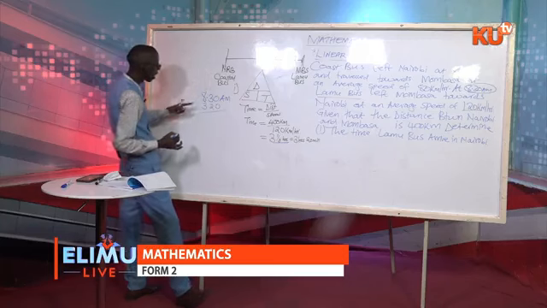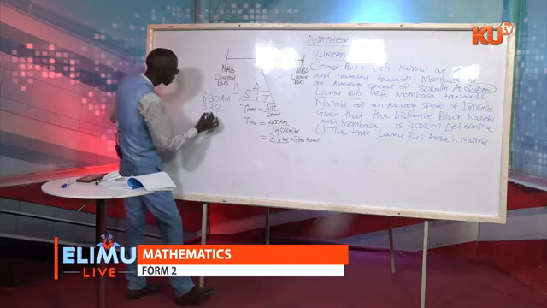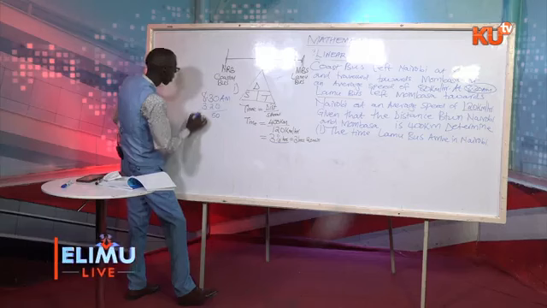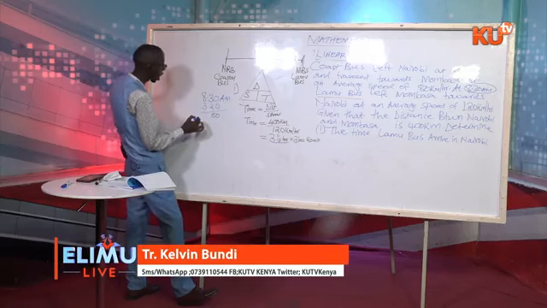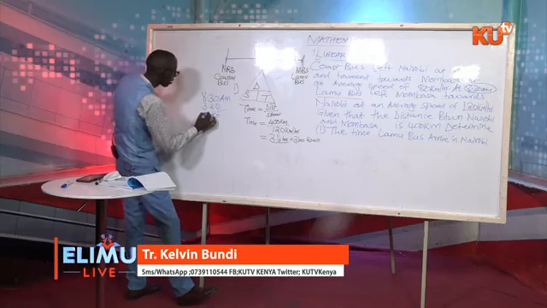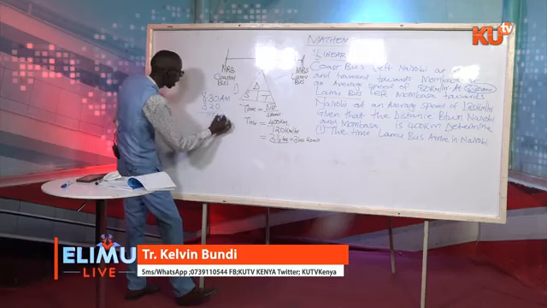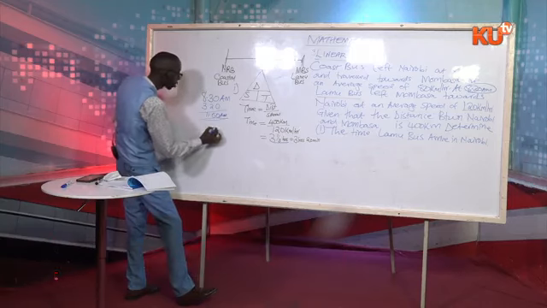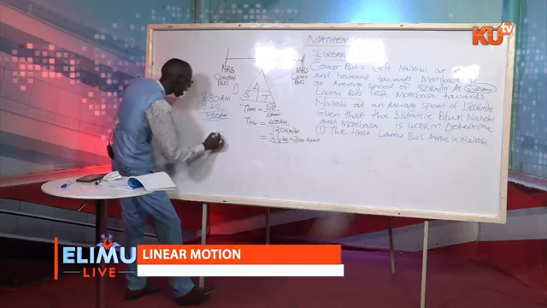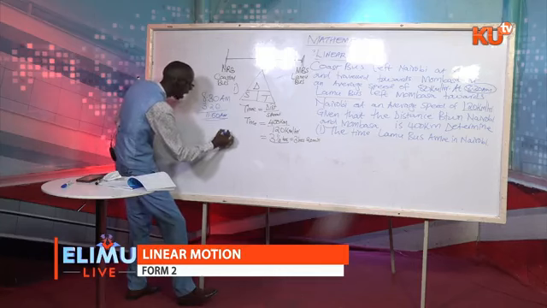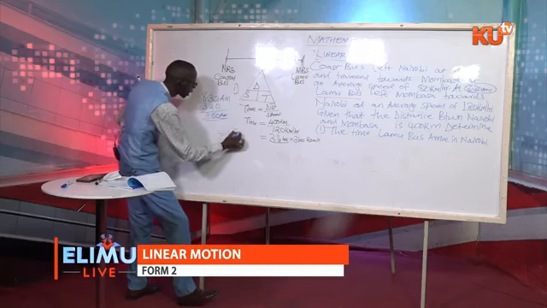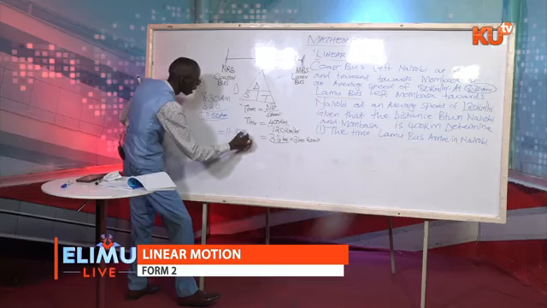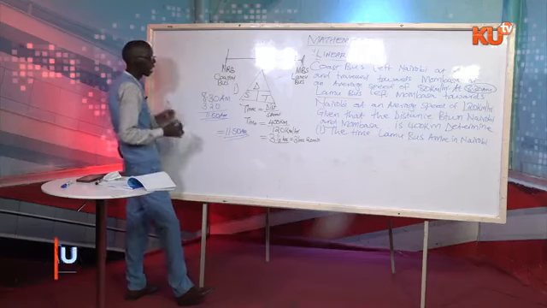This gives us 30 plus 20 is 50, and 8 plus 3 is 11. Therefore, my dear student, the Lamu bus arrived in Nairobi at 11:50 a.m.